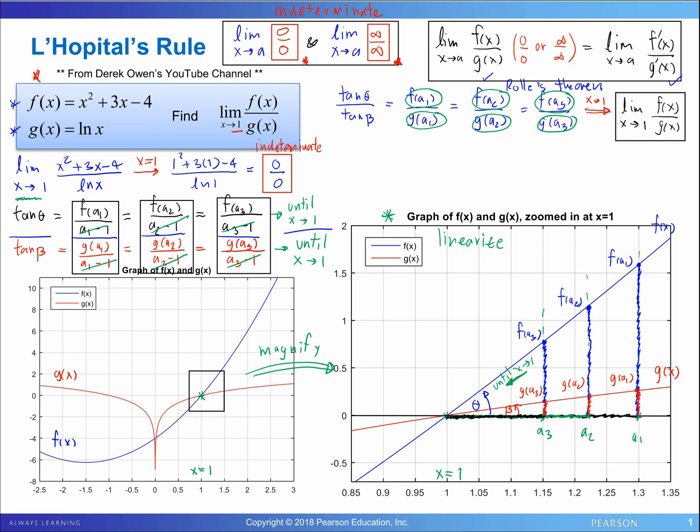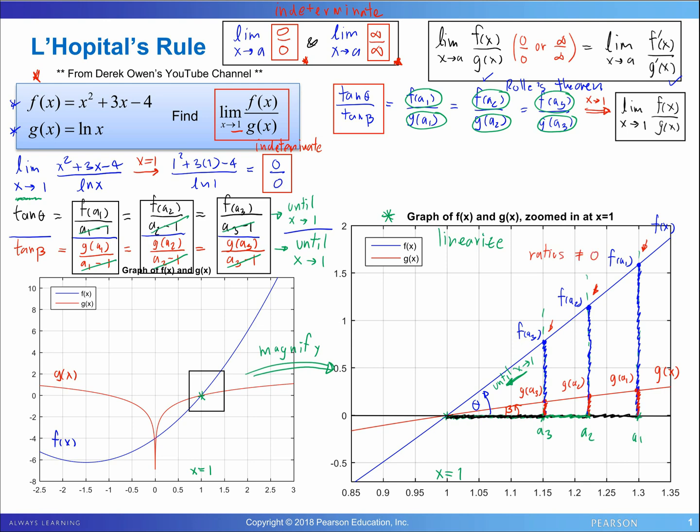This limit right here is exactly the same as the limit that we wanted from the beginning. Same thing. And it's equal to tan theta divided by tan beta. And it's also equal to the ratio between the blue line and the red line over here, f of a1 divided by g of a1. Same with the ratio over here, equal to the limit, and same over here. And obviously these ratios are not equal to 0. So make a note, ratios right here, not equal to 0 for sure.